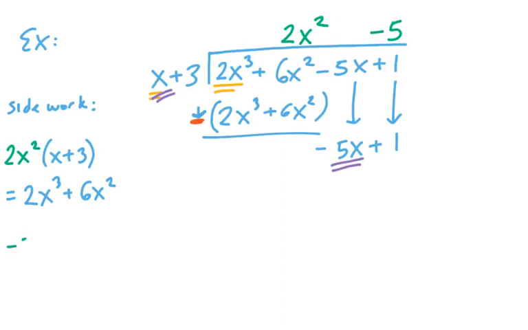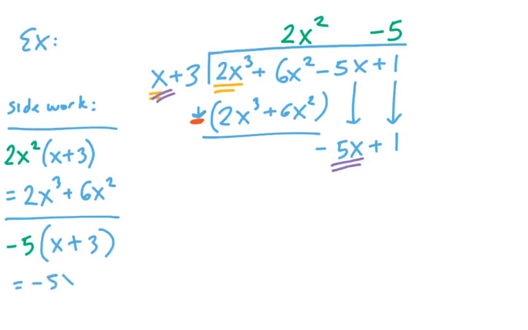I'm going to take -5 and multiply it by the x plus 3 out front to know what to subtract. That gives me -5x minus 15. That whole quantity must be subtracted. Working with our signs carefully, -5x minus -5x is 0. 1 minus a -15 is just 16. So our remainder in this problem is 16.